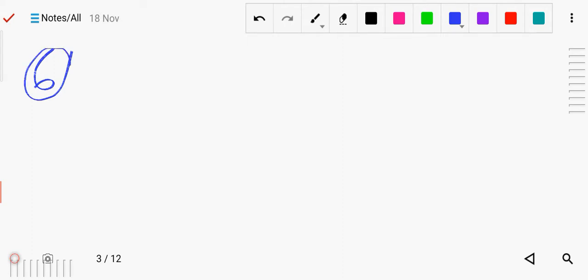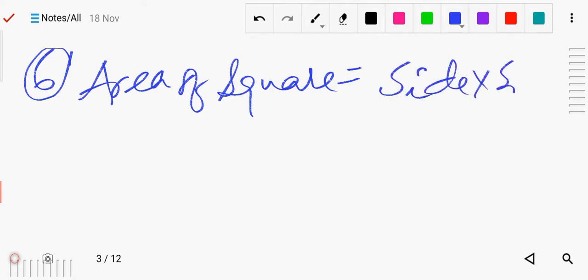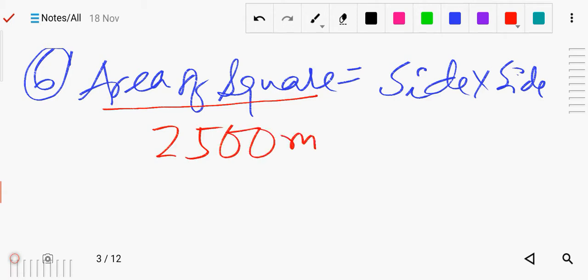First of all, write the area of a square. The area of a square is side into side. Now this area is given as 2500 meter square. This is your side into side.